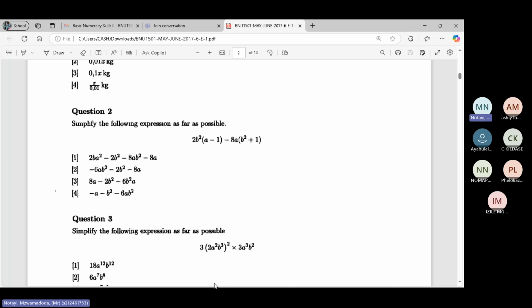And then the second bracket, we have minus 8a multiplied by b squared, plus or minus 8a multiplied by 1. So which of those, 1, 2, 3, or 4, describes that expression?